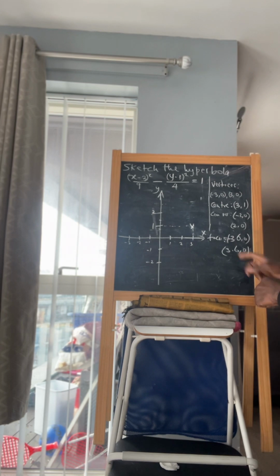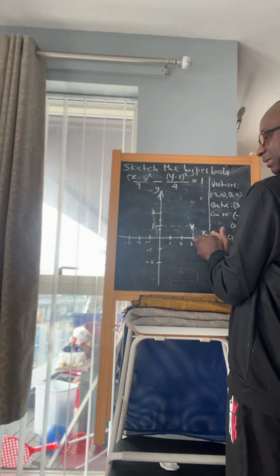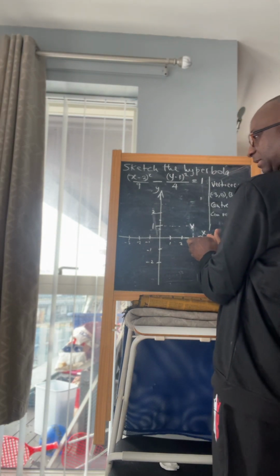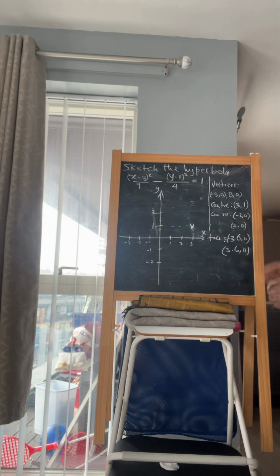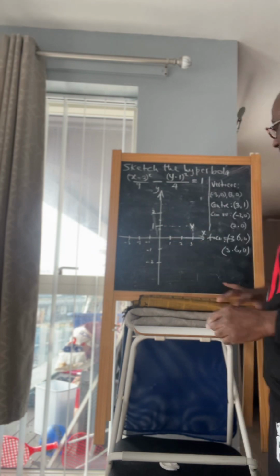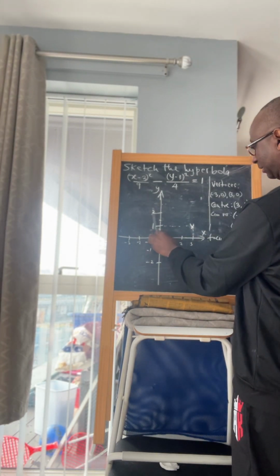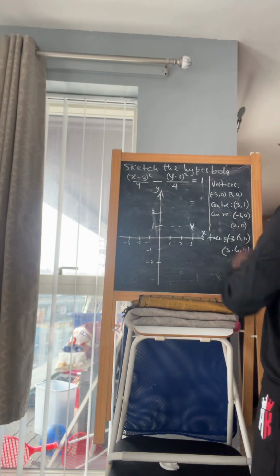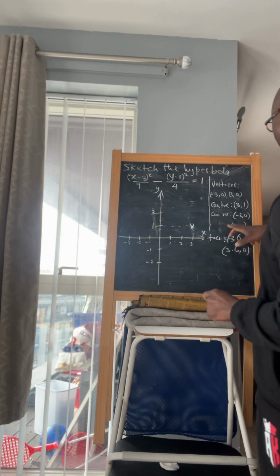I'll extend it. This is our 0, 0 in the standard form of the hyperbola. This is the center of the hyperbola, because this hyperbola is not centered at the origin. Instead, it's centered here.